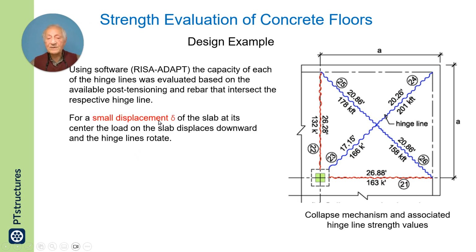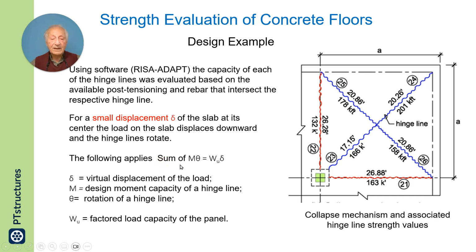For a small displacement delta at the centroid, for a small displacement delta here, these four segments move down and rotate about these lines. The following applies.